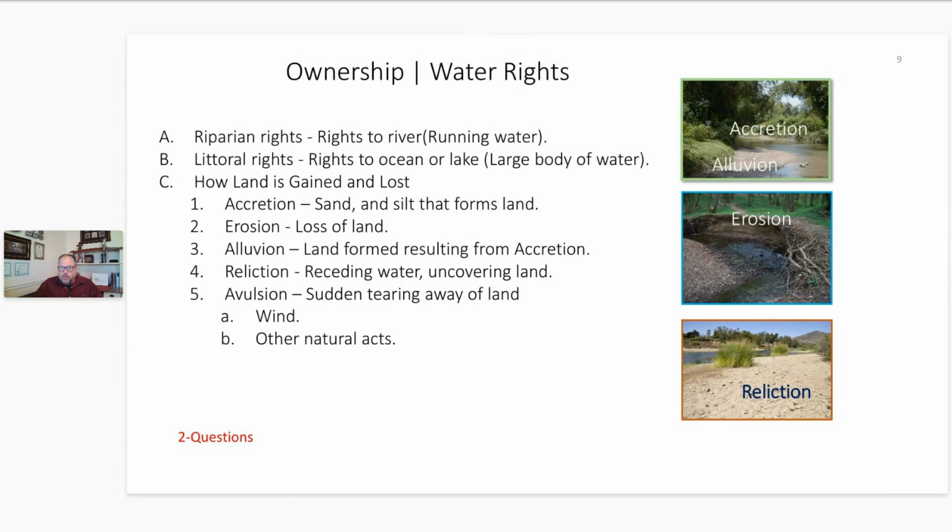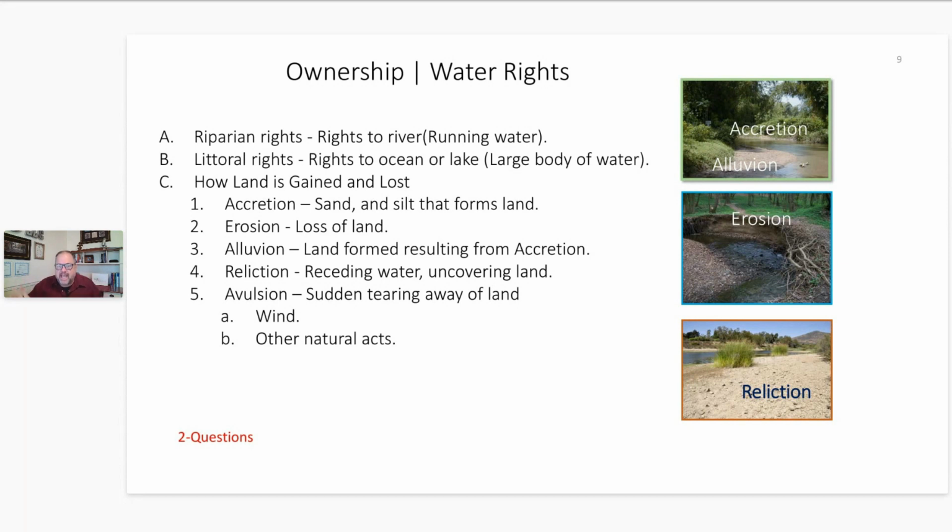Littoral, on the other hand, is L, littoral, lakes, large bodies of water. These are bodies of water that don't flow. So littoral deals with ownership rights, and you're talking about ownership rights, which is waterfront. If you're on a river, for example, you've got waterfront rights to the river. Those are called riparian rights.